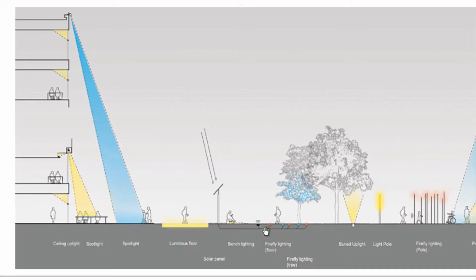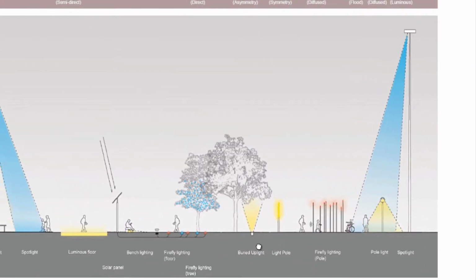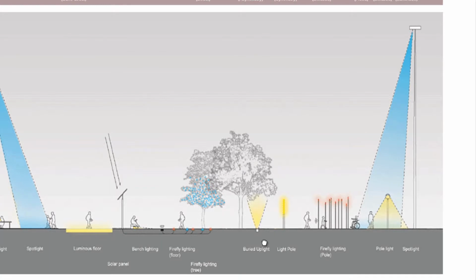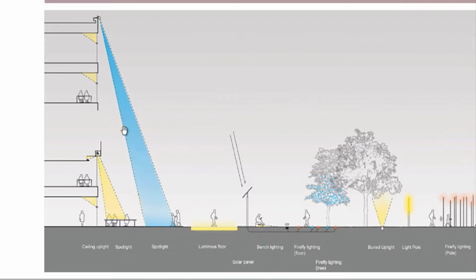And this image shows, in a road section, how different lighting patterns with the mounting heights and with light distribution showcase the area. So, from the building facades, light has been highlighted to showcase a particular spot.